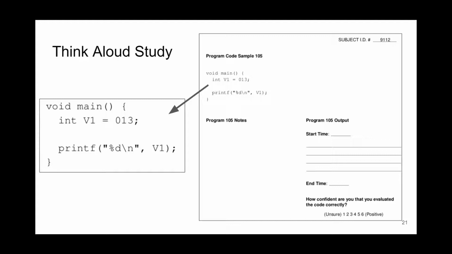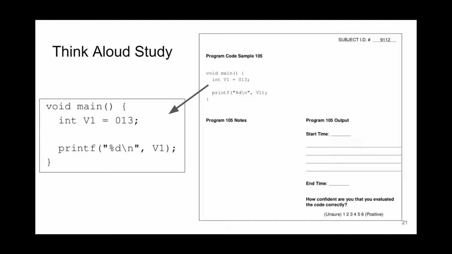Instead, this time we printed these out on paper and we had subjects come into the lab. And the reason we did this is so that a researcher could be present as they were working and listen to the subject speak aloud their thoughts and understand what was going on.